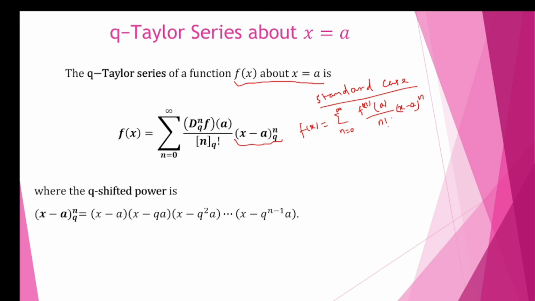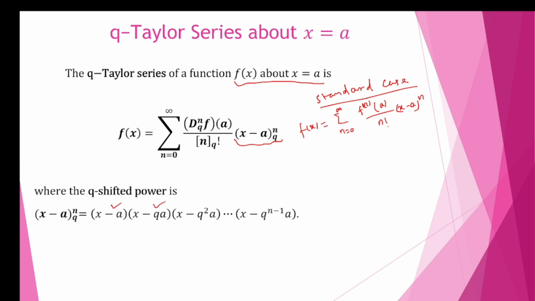This is the formula in the standard case, but in the quantum case we have the nth quantum derivative of f at a, divided by bracketed nq factorial, into x minus a to the power n. Now, what will the quantum x minus a to the power n be?